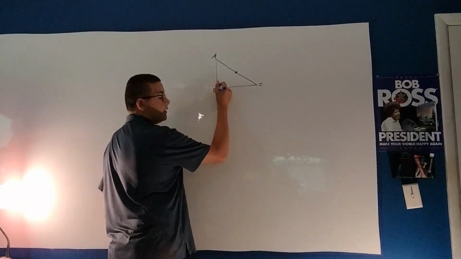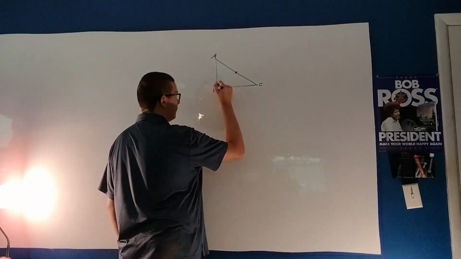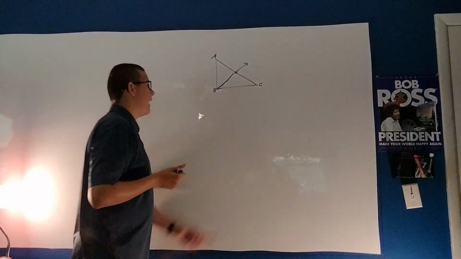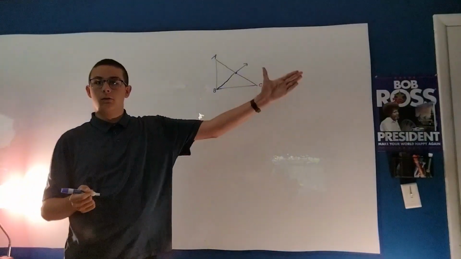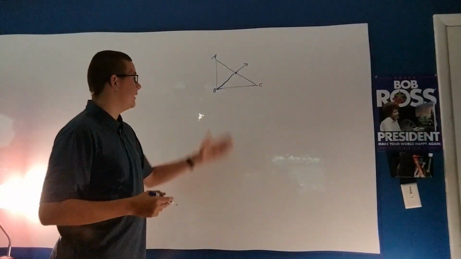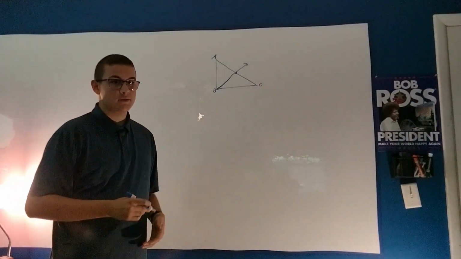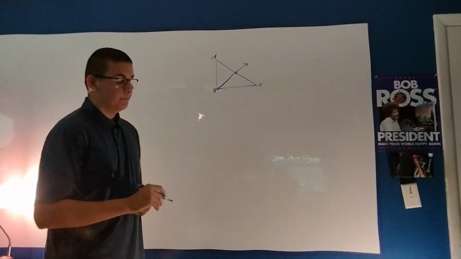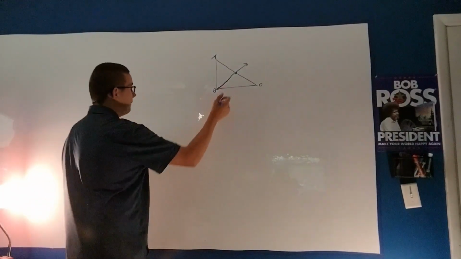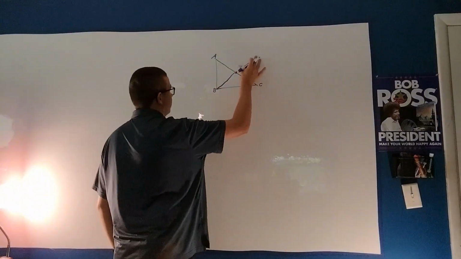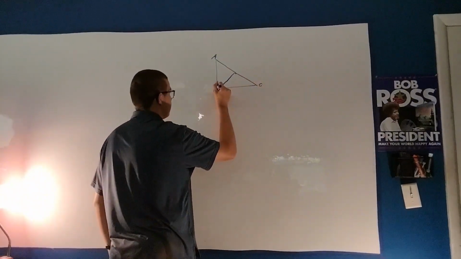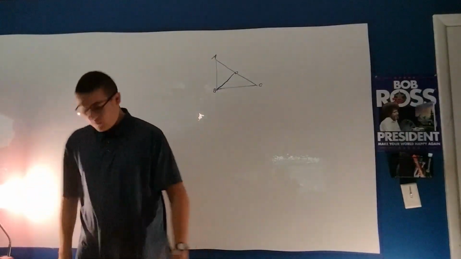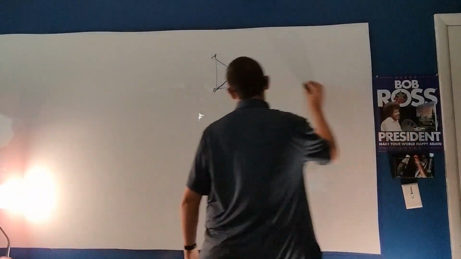So if we have a line coming out of B, let's say it's a ray, and it hits the midpoint, that line coming out of an angle and bisecting AC is called a median line. It doesn't have to keep going. It could just stop here and be a segment. It could be a full line like that. Doesn't matter. That line would still be called a median.